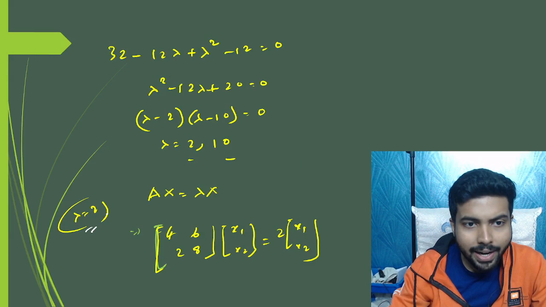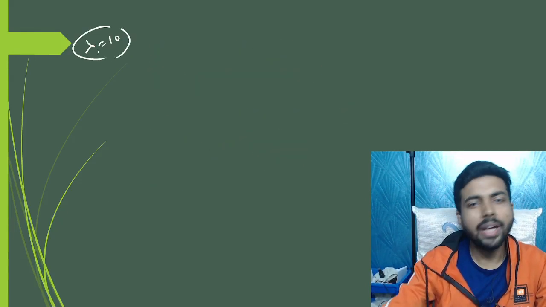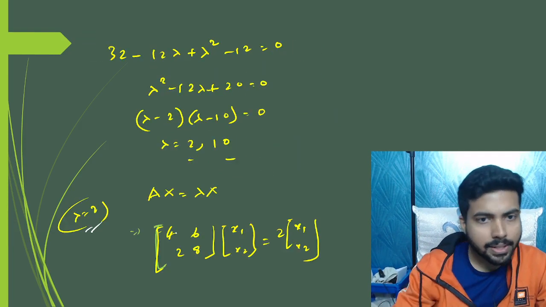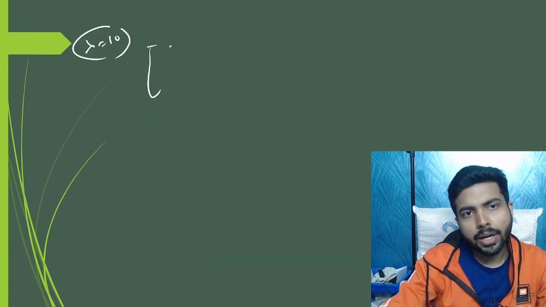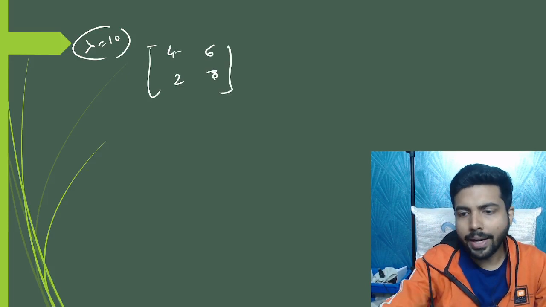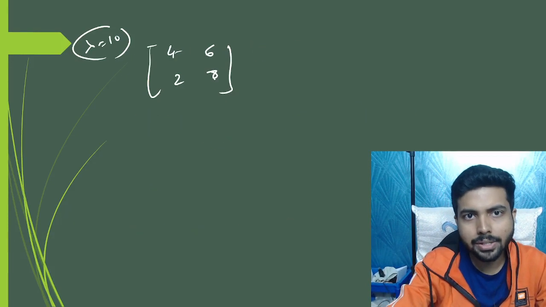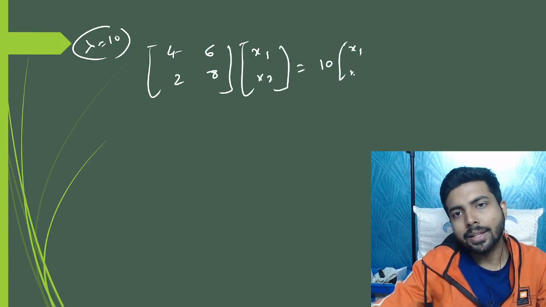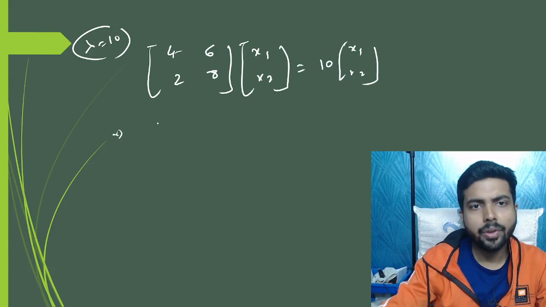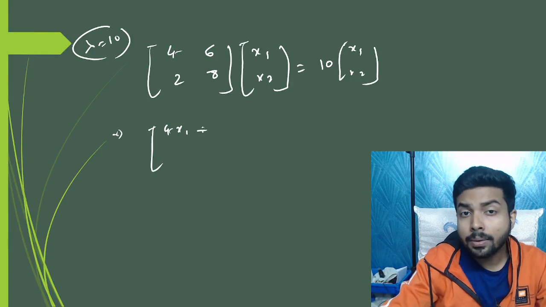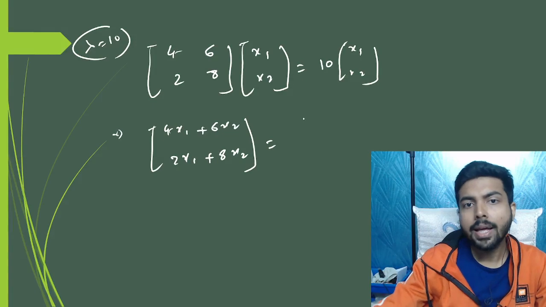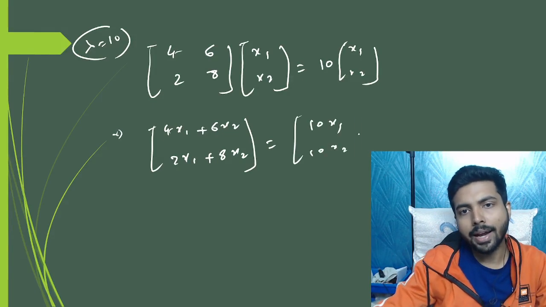Now we will take lambda is equal to 10. वो मान के करेंगे हम. So whenever you consider lambda is equal to 10, in the same fashion you will do. That is 4 6 2 8, AX equal to lambda X, right? x1 x2 that is equal to 10 x1 x2. Now whenever you do, it's like 4x1 plus 6x2, 2x1 plus 8x2, इधर आ जाएगा 10x1 10x2.